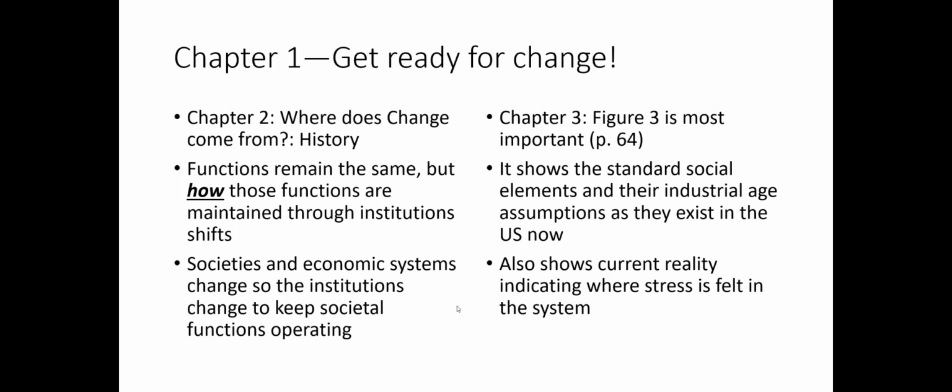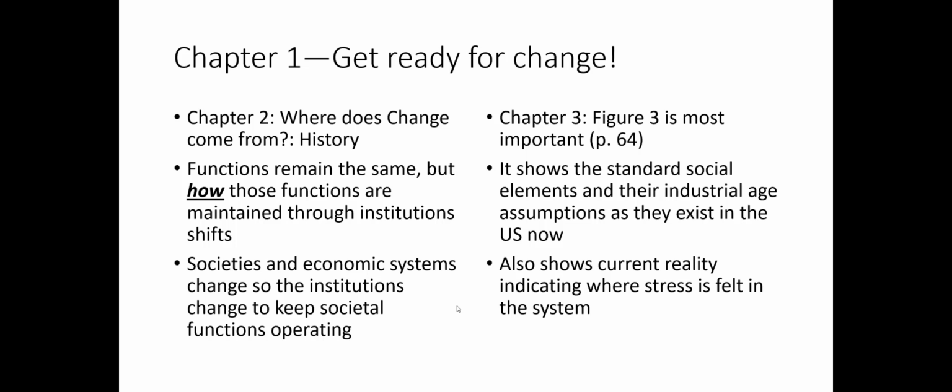We moved from an agricultural society, or even a pre-agricultural society, to industrial, and now the book's idea is that we're moving away from industrial age to an information age society. So therefore, we're going to have to change the way our institutions work. But figure 3 shows the current reality, indicating where stress is felt in the system now. So that's why I want you to really understand that.